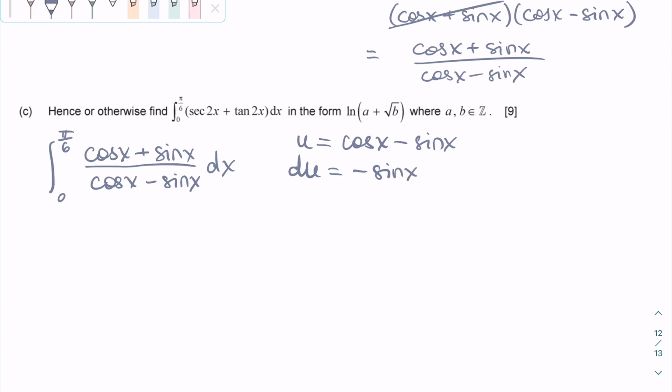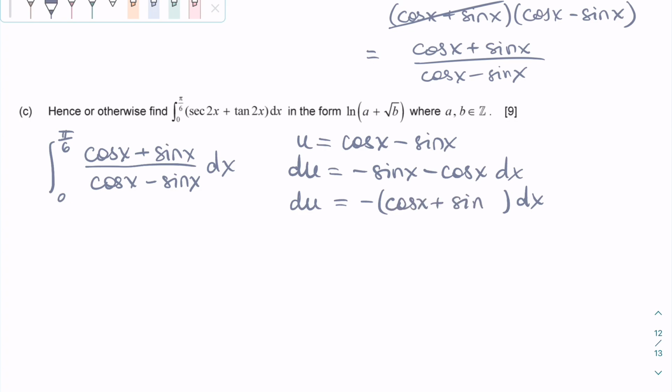Then we can take the derivative, so we end up with minus sine x minus cosine x dx, and then we can take the minus out of the parentheses, and we get something very similar to the numerator. So we can use this to replace a part of our integrand with du.